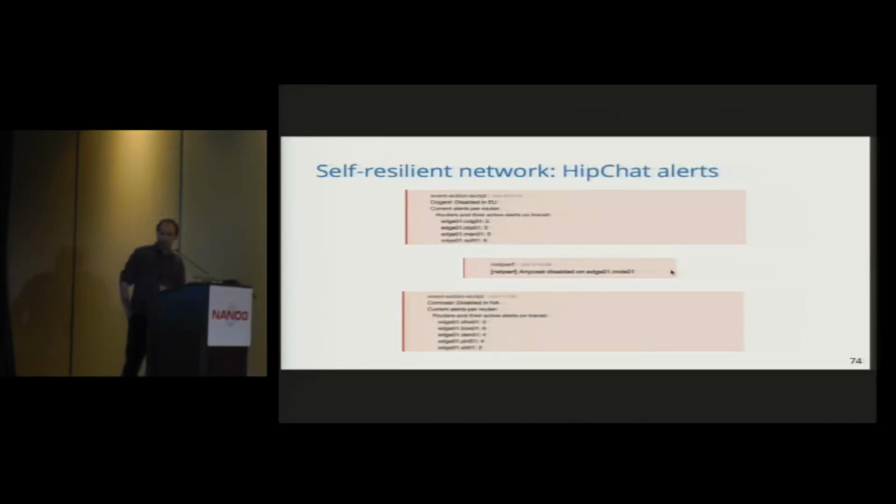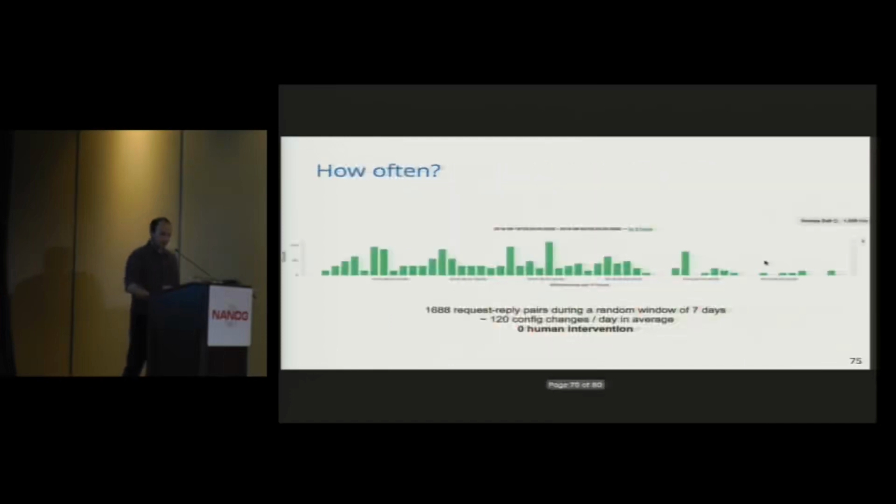And we only watch and enjoy now how Cogent is disabled in all Europe, or Comcast is disabled in all North America, or sometimes Anycast is disabled in locations like Medellin and so on.